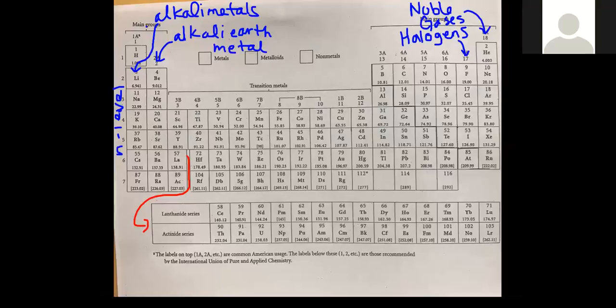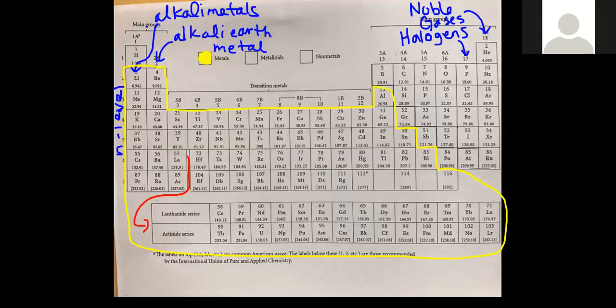So metals are everything in the yellow. This is where you might want to use different colors.